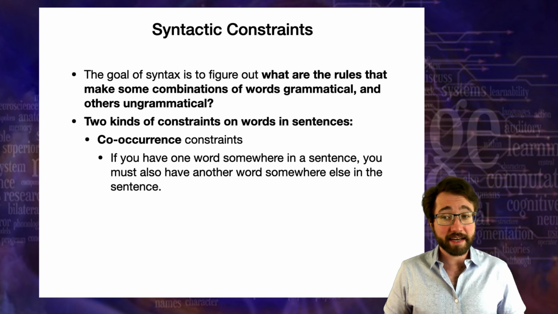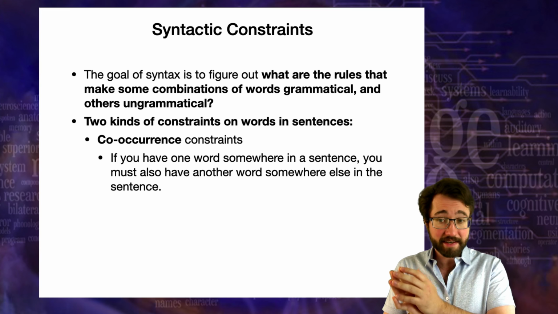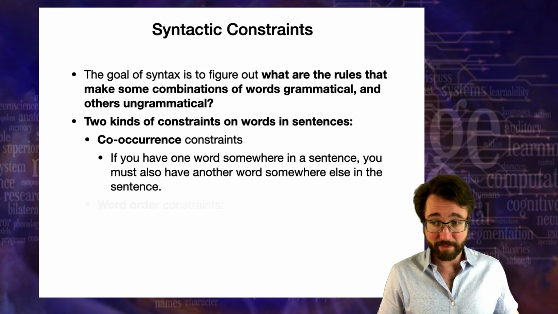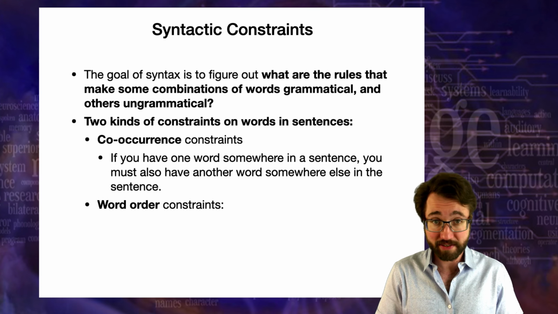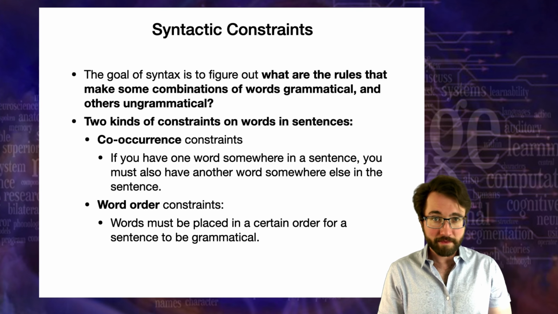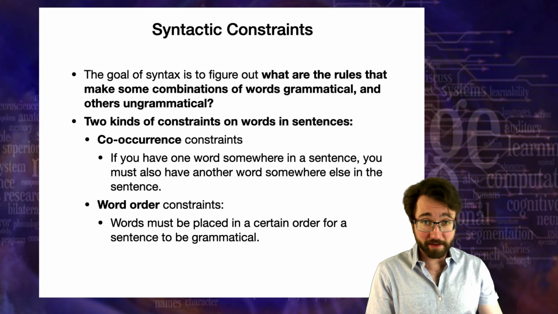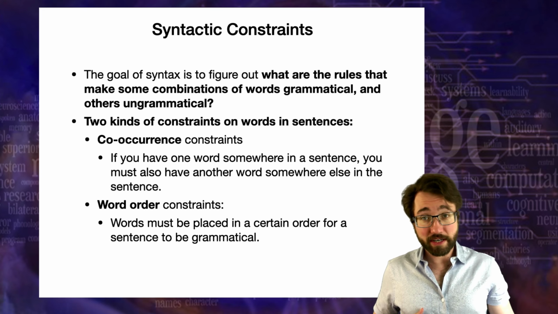Co-occurrence constraints say that if you have one word somewhere in a sentence, that implies you must have some other word somewhere else in the sentence. And there's word order constraints. So word order constraints mean that words have to be in some particular order in order for the sentence to be grammatical. So to demonstrate these kinds of constraints to you, here's some examples.